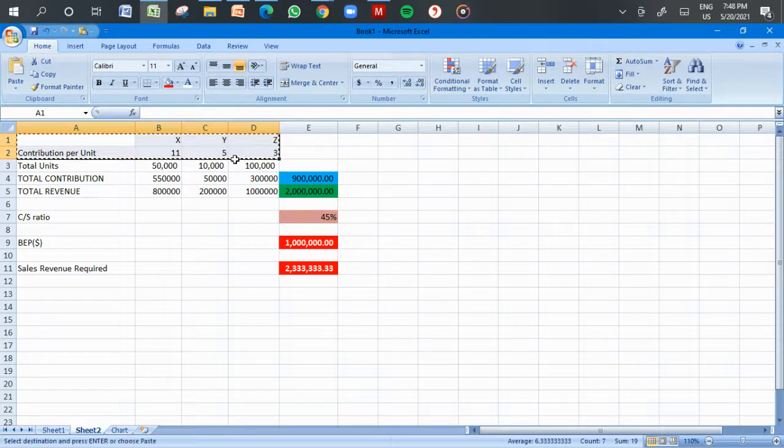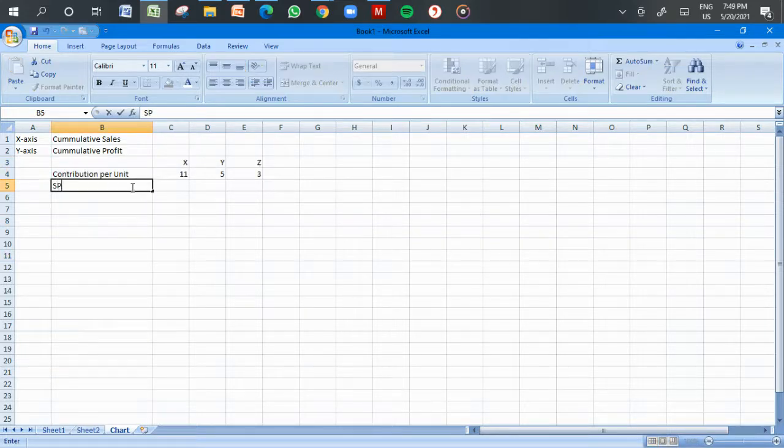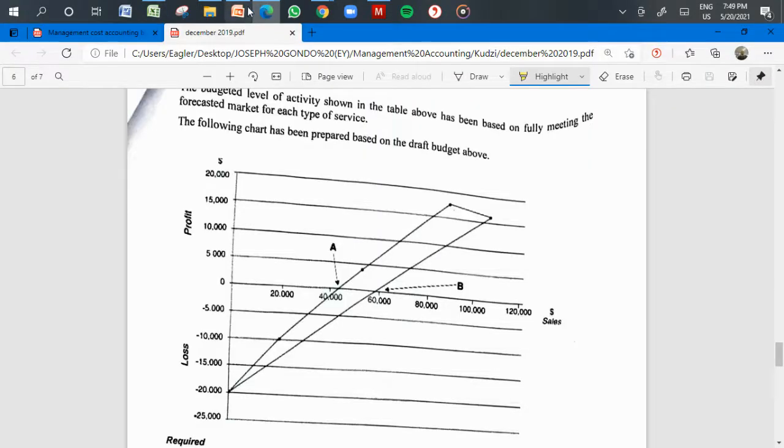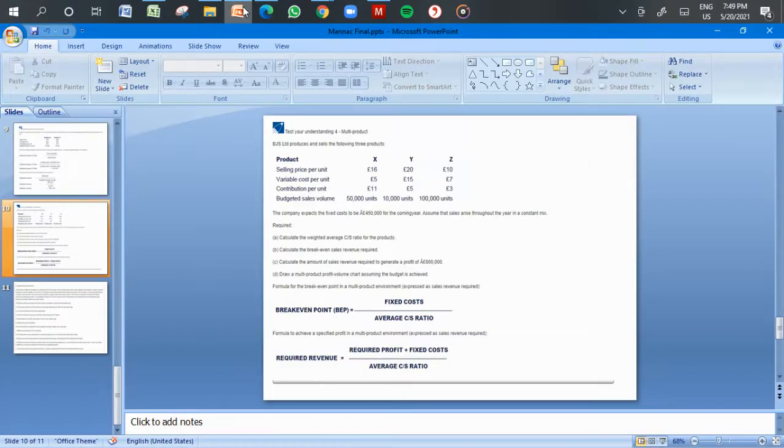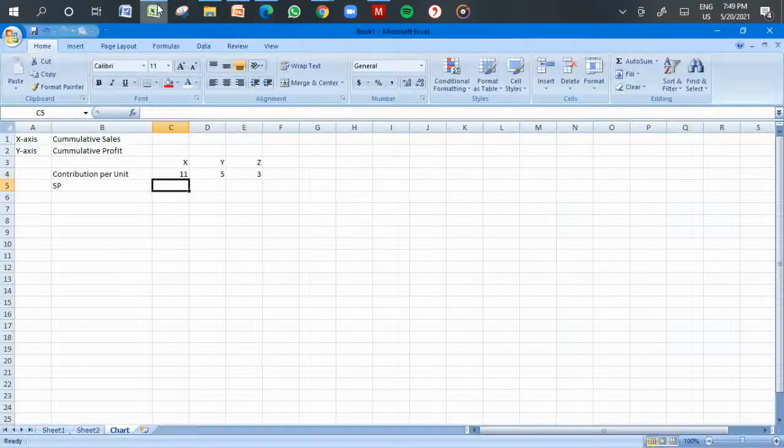We need this one. Contribution here, what about the selling price? The selling price is 16, 20, and 10. So we need 16, 20, and 10.